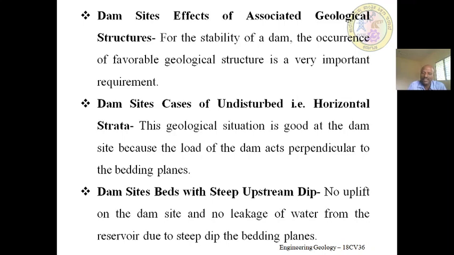If the beds have a steep upstream dip, there is no uplift on the dam and no leakage of water from the reservoir, due to the steep dip of the bedding planes towards the upstream.